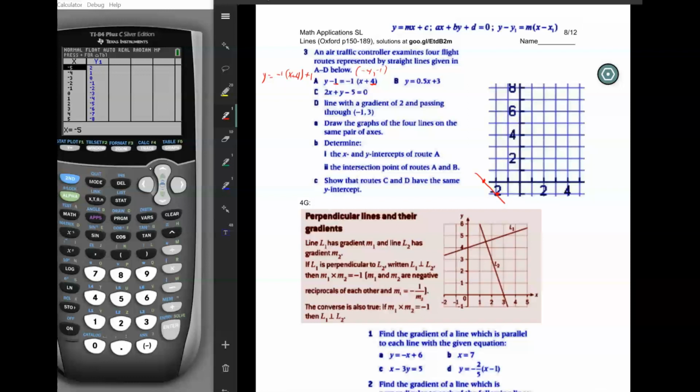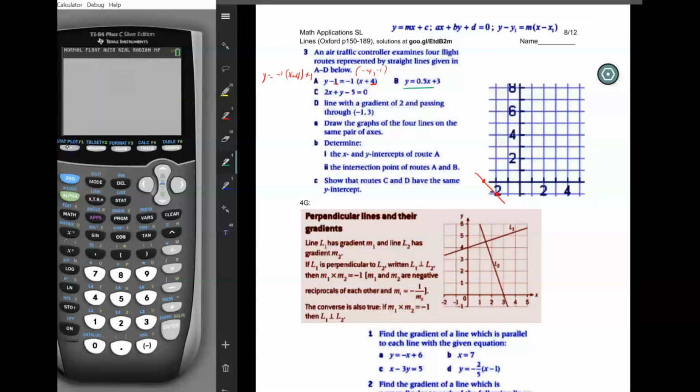Okay, so I graphed that. Then the other thing that I want to do with this line is to determine the x and the y intercepts of the route, for route A. Okay, I guess let's graph them all first. So graph of B, we'll do it in green.